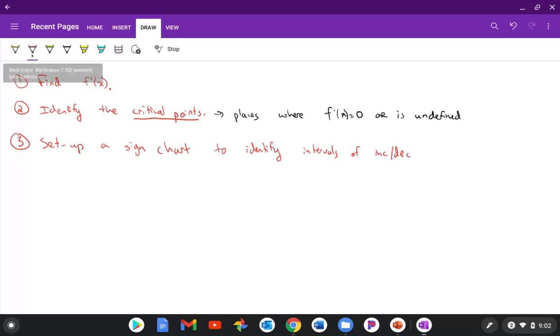Then after we've done that, based on if a function changes from increasing to decreasing or decreasing to increasing, we're going to identify the relative mins and maxes.